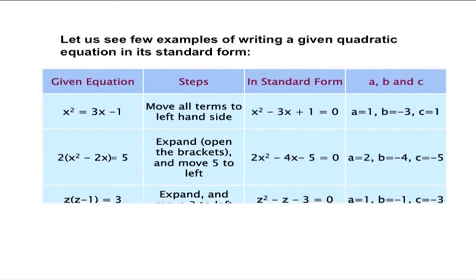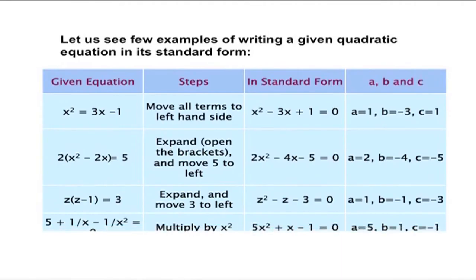And the third equation is z multiplied by (z - 1) = 3. Now you expand and move 3 to the left, you will find z² - z - 3 = 0, where the coefficient a is 1, b = -1 and c = -3.